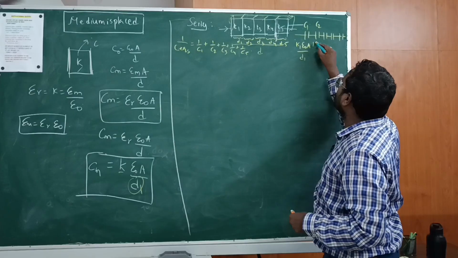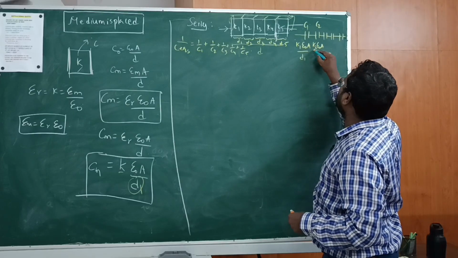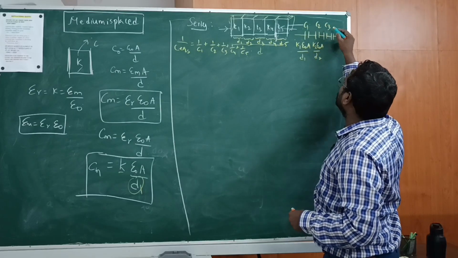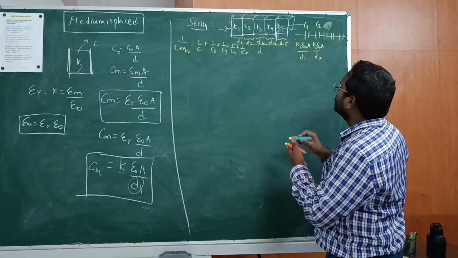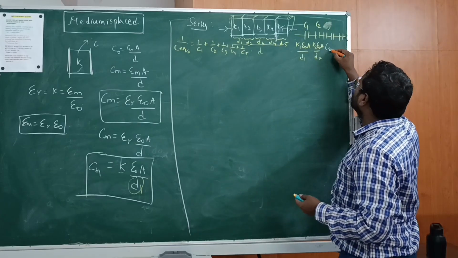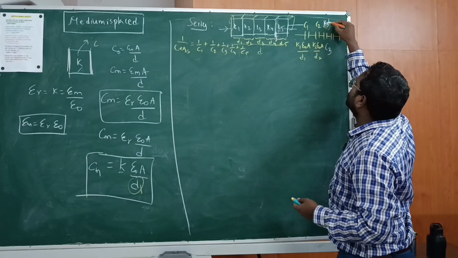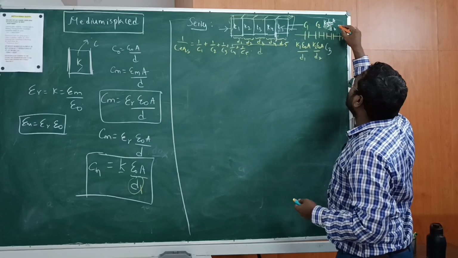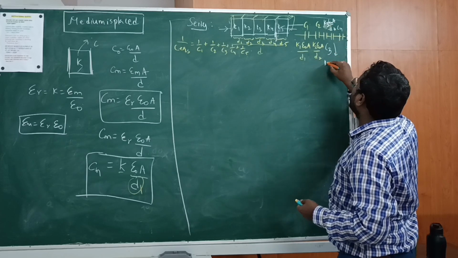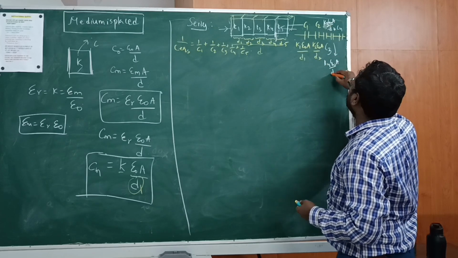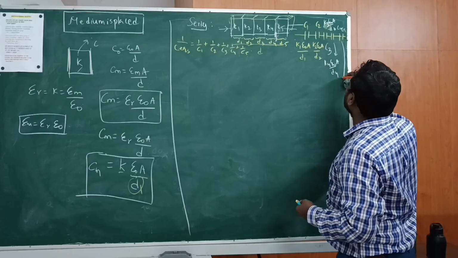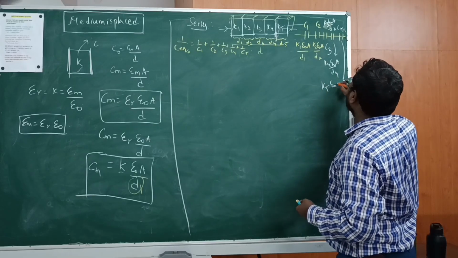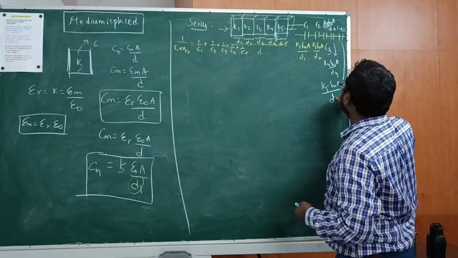C2 is K2 epsilon naught A by D2, and C3 is K3 epsilon naught A by D3, where C4 is K4 epsilon naught A by D4, and C5 is K5 epsilon naught A by D5.